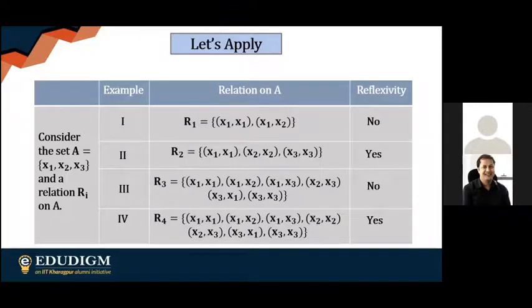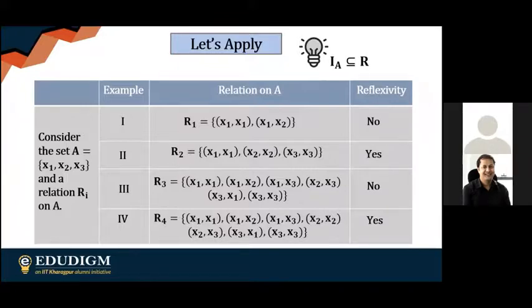Now I actually want you to see example number 2 and 4. The number 2 example is basically the identity relation on A. It just has the ordered pairs of the form (a, a), whereas the fourth example is more like a generalized version of a reflexive relation. So in general, the identity relation will always be a subset of any reflexive relation on that set.